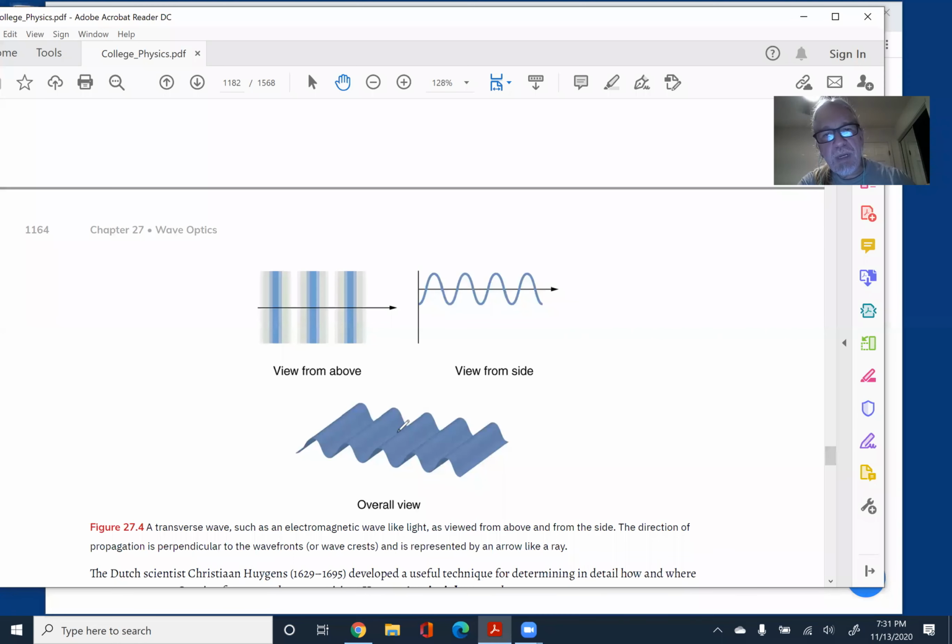When you have a propagating wave, you can look at it from the top and see where, for example, all the maxima and all the minima of your oscillating wave are. And if you look at it from the side, you can see both aspects of it. You can see the straight lines at the top and the oscillating nature when you look at it from the side. These lines that are perpendicular to the direction of the motion are called wavefronts, and they play an important role in Huygens principle.